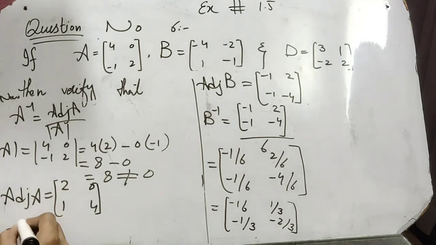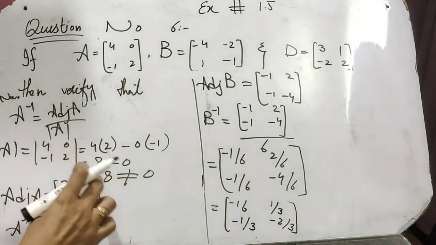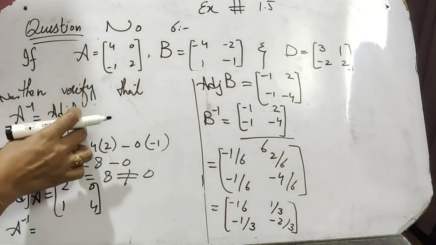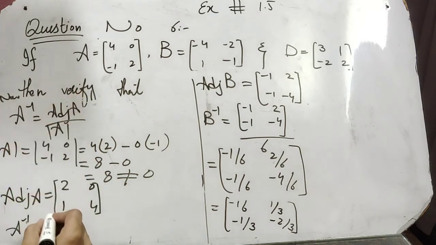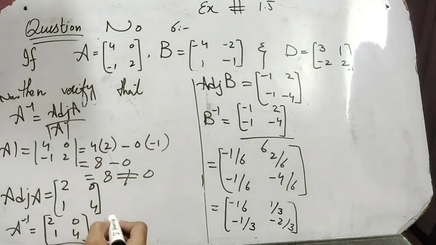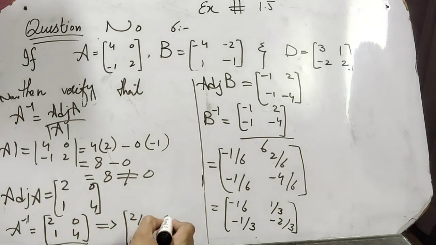Now we find A inverse. Put the value of adjoint of A and determinant of A in this equation. We get 2, 0, 1 and 4 divided by 8. It will be equals to 2 by 8, 0 by 8, 1 by 8 and 4 by 8.